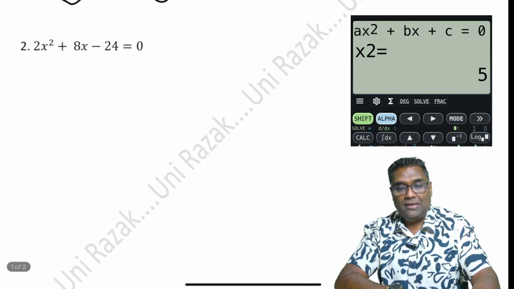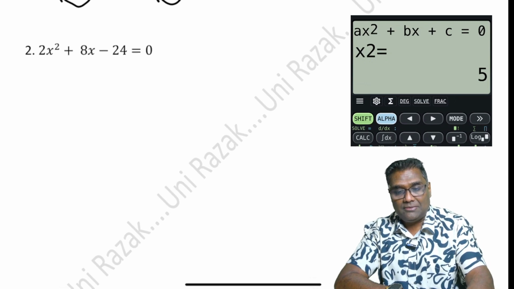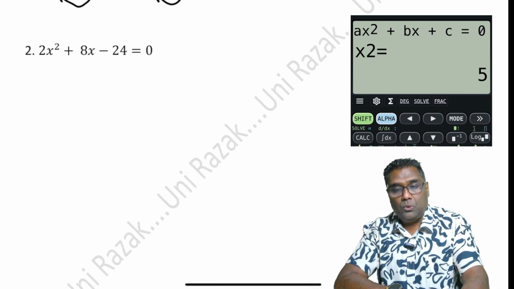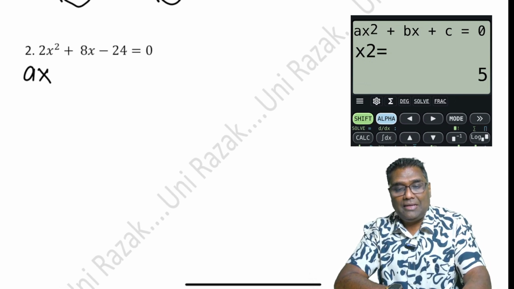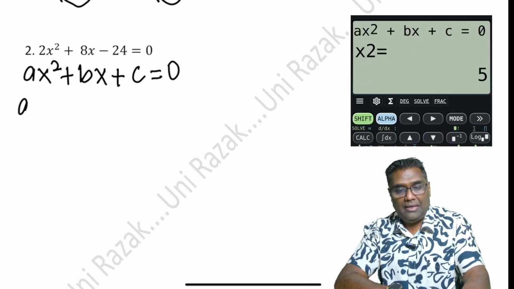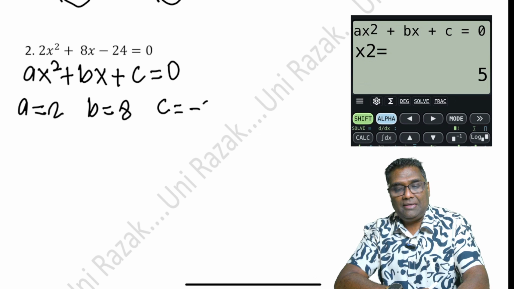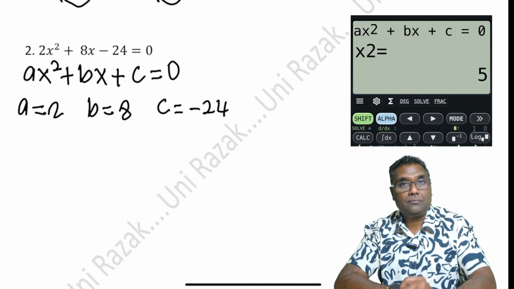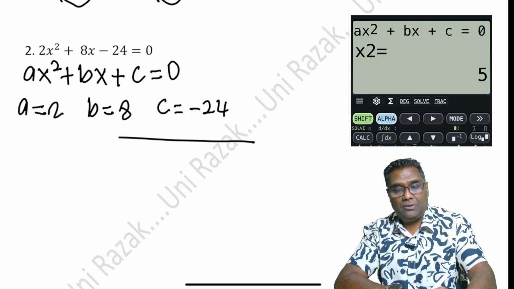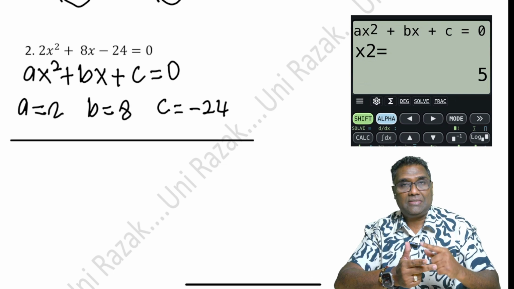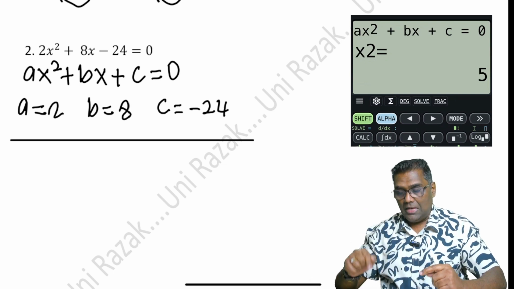Let's look at this. 2x squared plus 8x minus 24. So, what am I going to do? I write down the equation first. Okay, a 2, b 8, c negative 24. So plug out the values of a, b, c, go to the calculator.